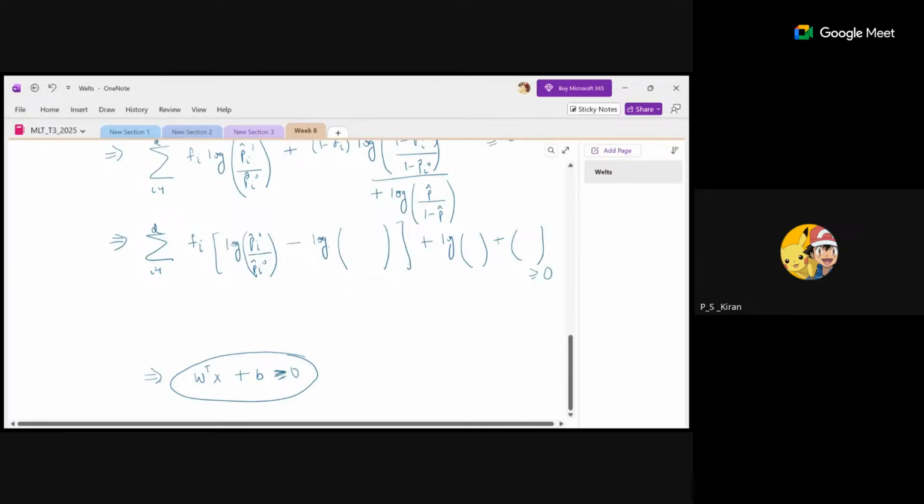So fi is the features of X. Inside the bracket there is a difference of log terms, and those should be weight values. Correct. So if you solve for this, you will get the weight. This is your xi, and whatever is here is going to be a bias term.